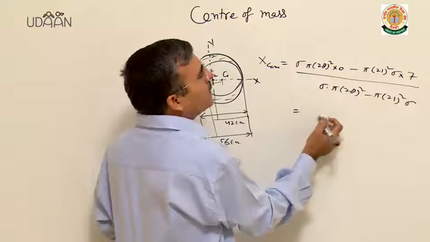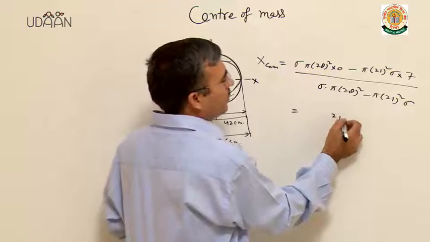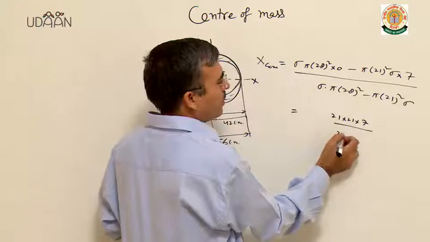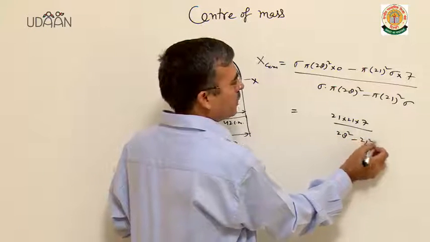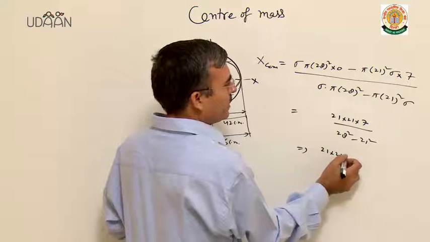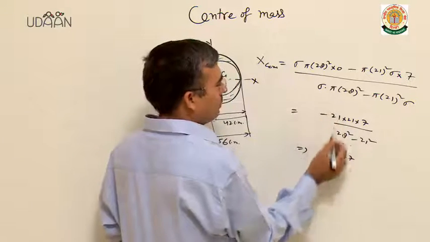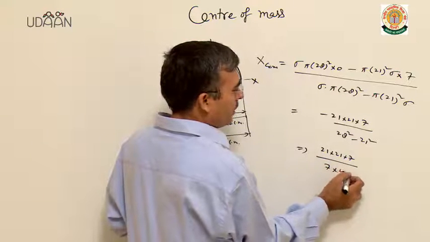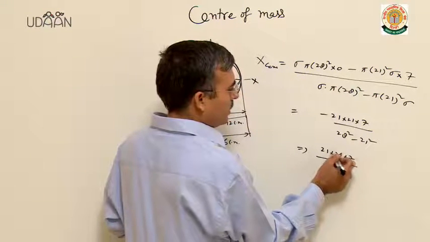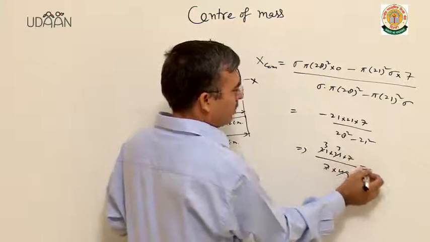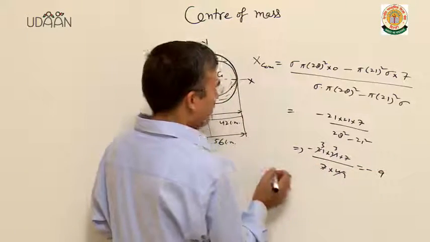If you simplify it, you will get 21 into 21 into 7 divided by 28 square minus 21 square. If you simplify it, you will get 7 into 49, cancel, this is equal to minus 9.